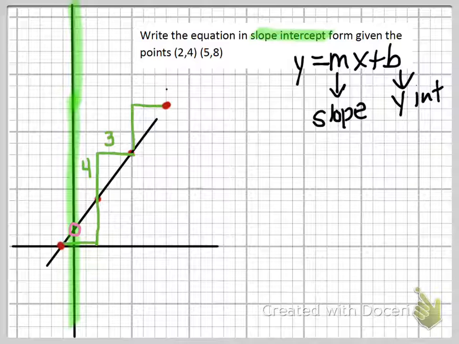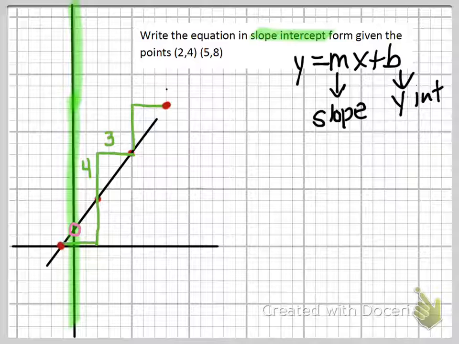Now, the other thing I hope you notice about the y-intercept, it's where the line touches the y-axis, so the x value is 0. So let's think about what we know about this line and how it's changing, and let's see if we can get a better idea of what the exact value of our y-intercept is.